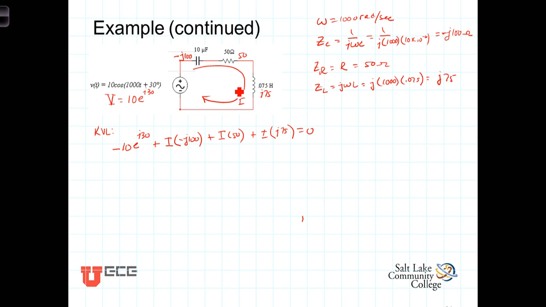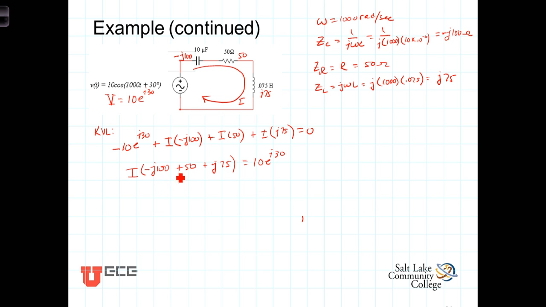We want to solve for I, the current in this circuit. So we'll factor out the I from these common terms here and bring this term over to the other side, and we get that I times negative j 100 plus 50 plus j 75 is equal to a positive 10 e to the j 30.